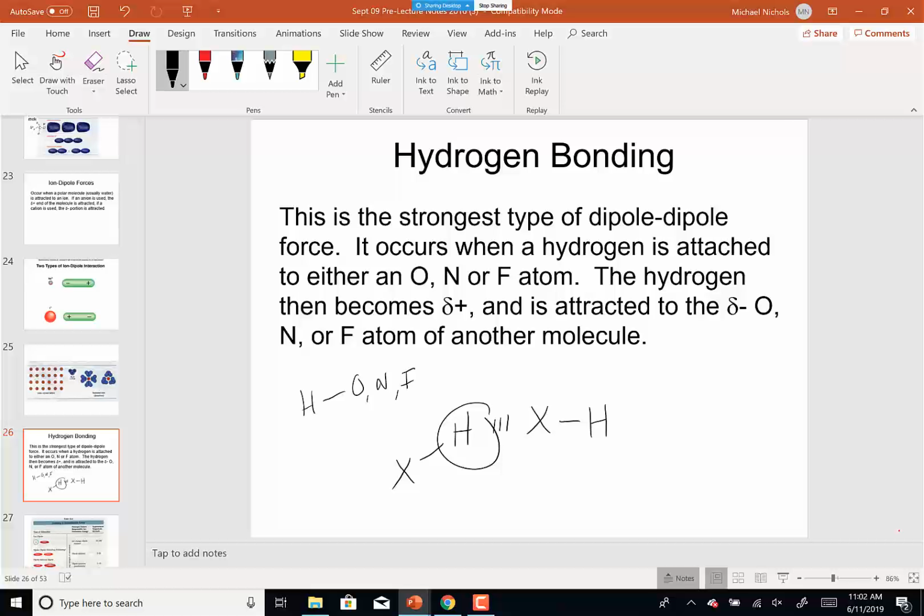The hydrogen in a hydrogen bond has to be covalently attached to an O, N, or F. And it has to be electrostatically attracted to an O, N, or F. So this hydrogen has to, this is the covalent bond. So it has to be covalently bonded to an O, N, or F. And then it has to be electrostatically attracted to another O, N, or F.